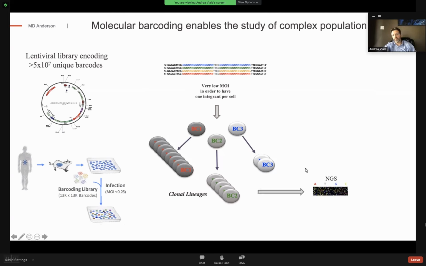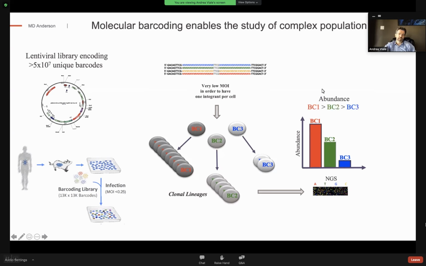Through sequencing we can study the composition of the population and get data about the relative or absolute abundance of different populations of cells. But we get more, because the data can infer the replicative potential and the hierarchical organization of the original population of cells that we barcoded.